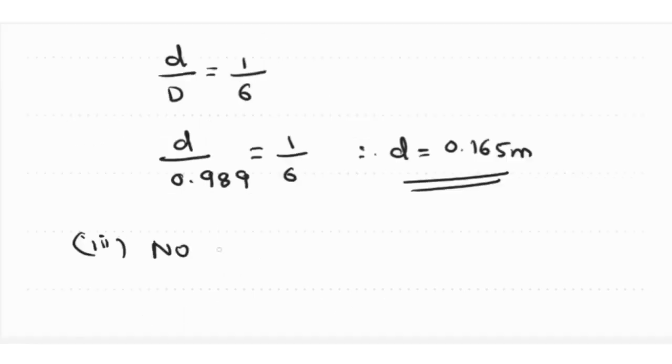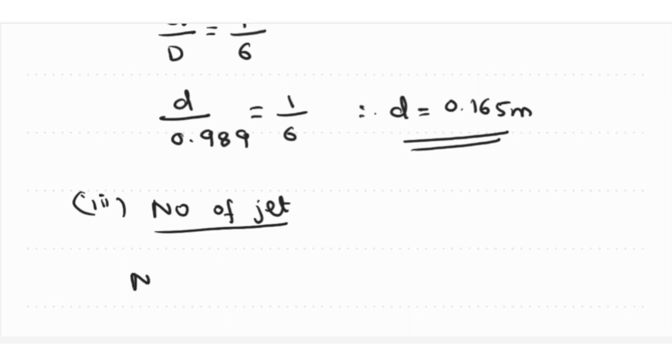Third part, that is number of jet. So we should calculate what is the discharge through each jet first. Number of jet is equal to overall discharge divided by discharge through the individual jet. So that is nothing but small letter q.